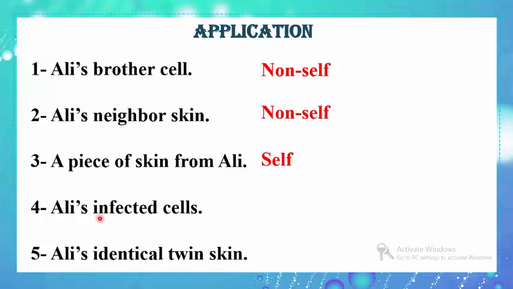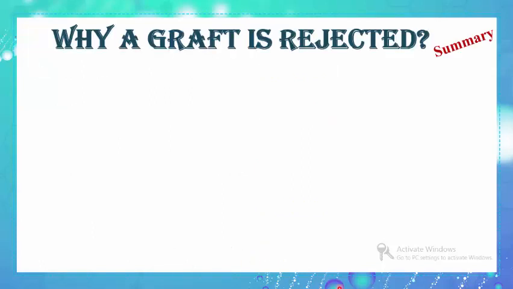Remember, infected cells will be recognized as non-self, where they will be totally different from the normal cell concerning the shape and also the HLA molecules. Ali's identical twin's skin, since we are talking about identical twins, thus identical HLA molecules, thus of course it will be recognized as self.